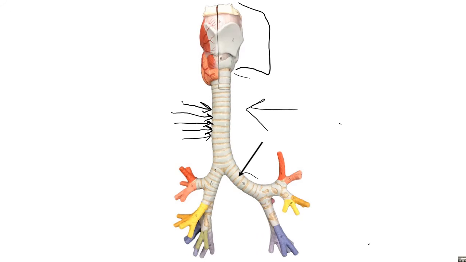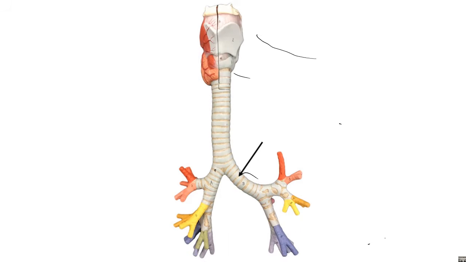In between the tracheal cartilages, the little white ones, those are called annular ligaments. So the blue is the tracheal cartilage, the white, or kind of dirty grayish looking, those are the annular ligaments.